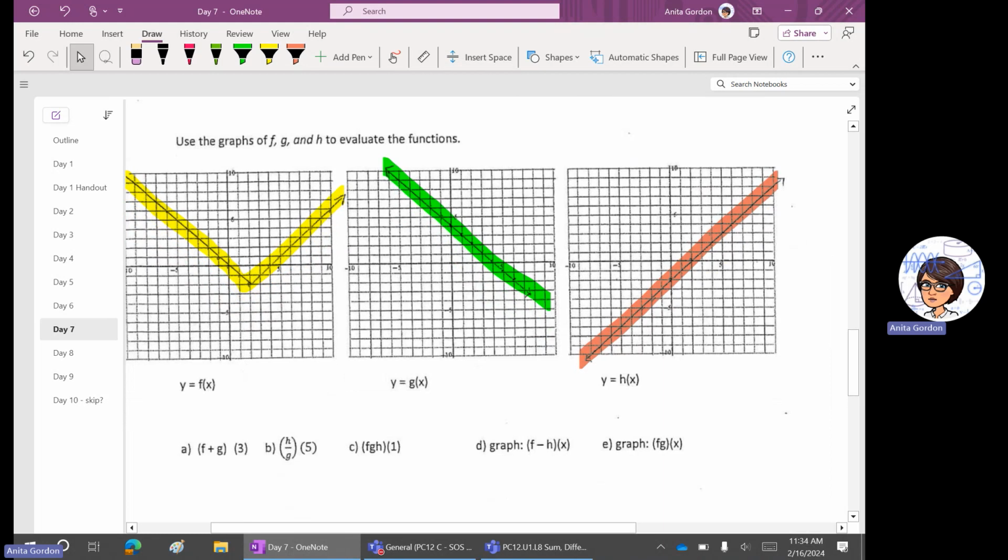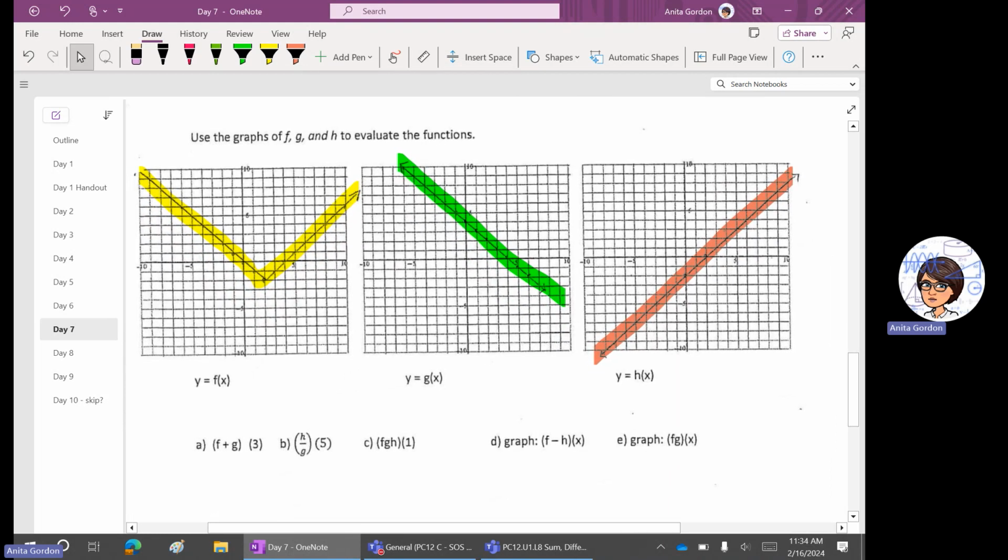And we are going to find out what is f plus g of 3. Right here in our first example, f plus g of 3. Now remember that y equals f of x, y equals g of x.